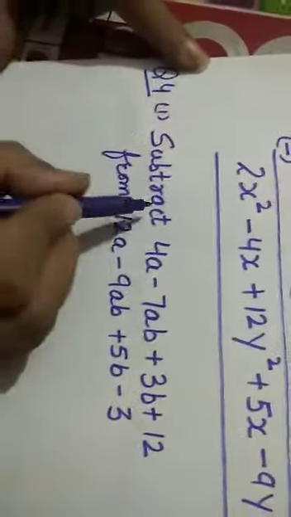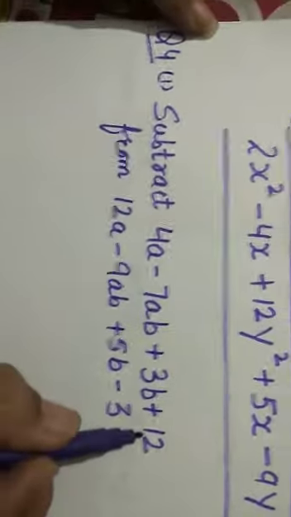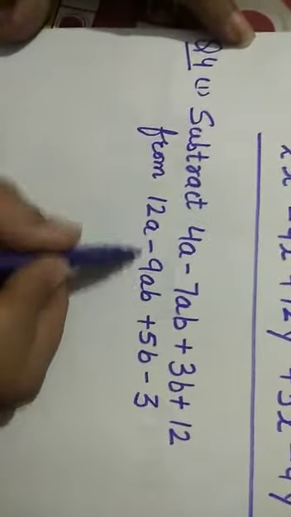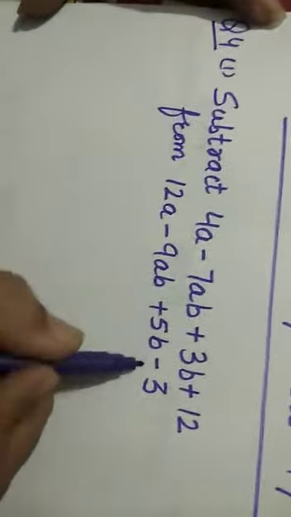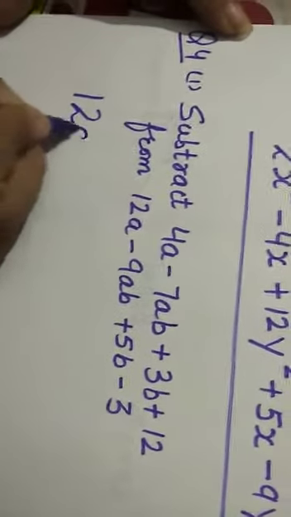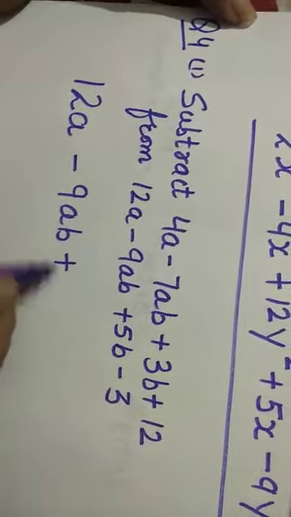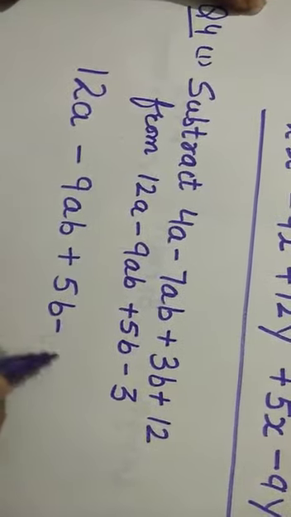Now exercise 9.1, question number 4, first part: subtract 4a minus 7ab plus 3b plus 12 from 12a minus 9ab plus 5b minus 3. So first of all we have to write 12a minus 9ab plus 5b minus 3.